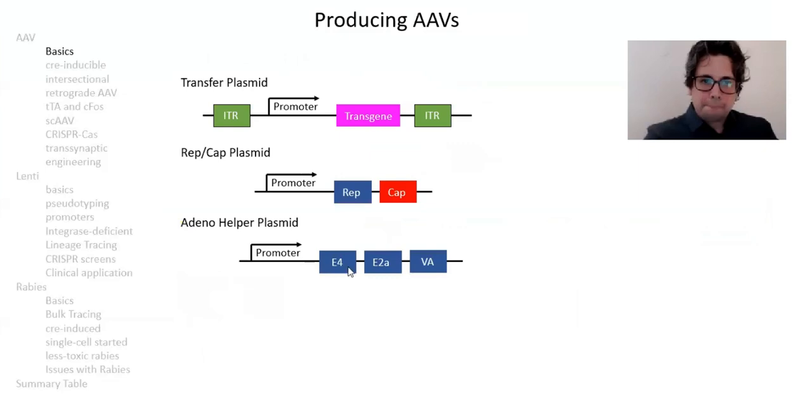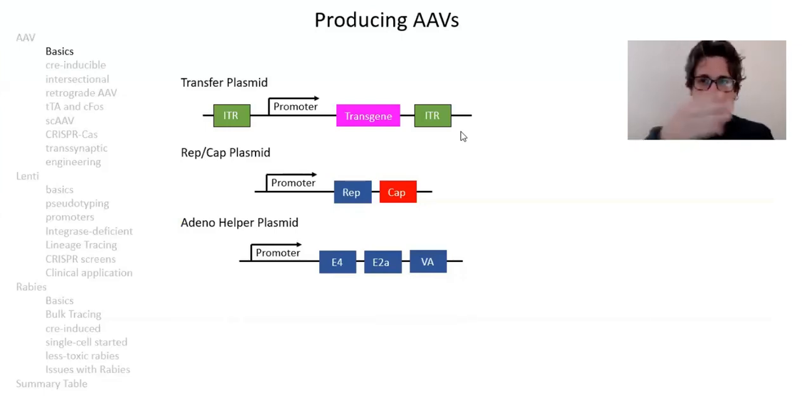Now, when you make these viruses, what you have is your transfer plasmid, which is just your ITRs with a promoter and the transgene that you want, all less than 4.8 kb, because that's the effective packaging size of AAVs. You can go over that, but you'll suffer a lot in terms of the titer you'll get.